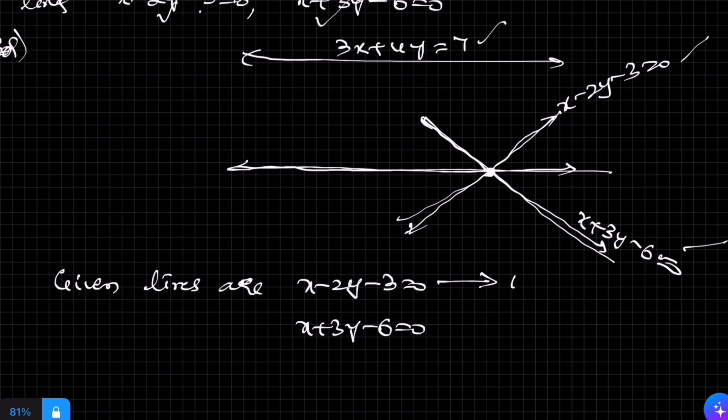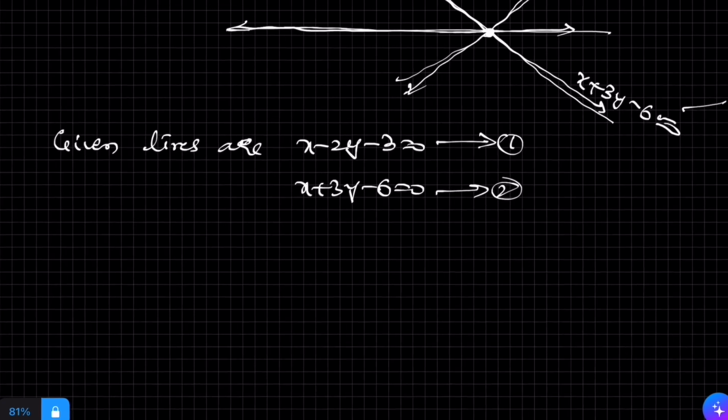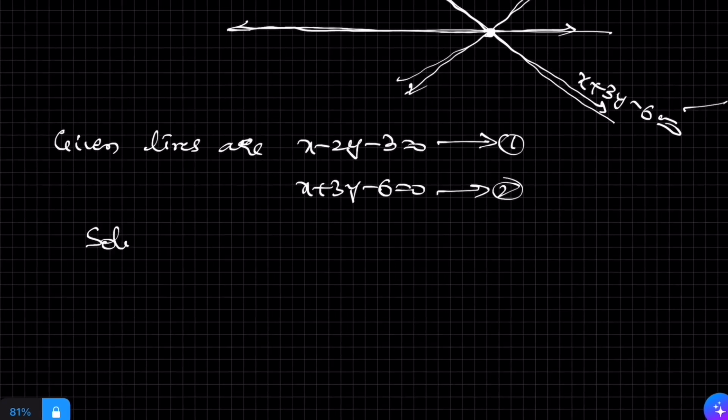Let me take these as equation 1 and equation 2. In order to find the point of intersection, let us solve equations 1 and 2. Here I'll use the elimination method.